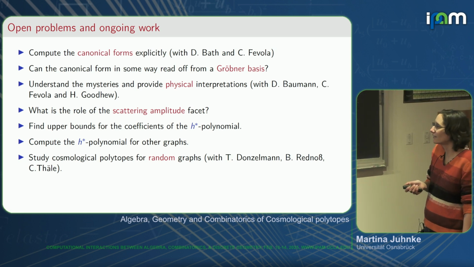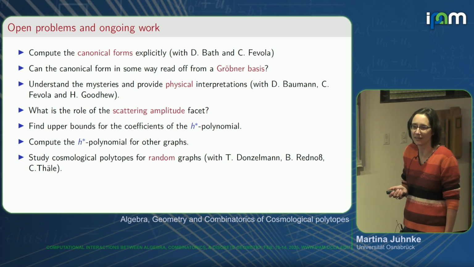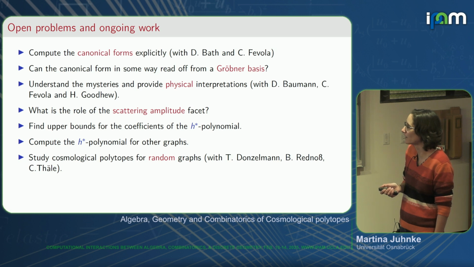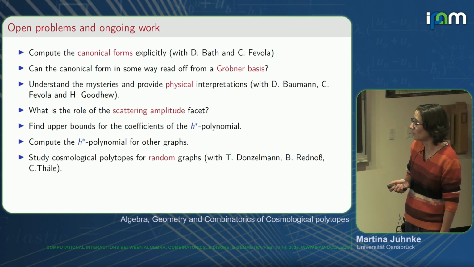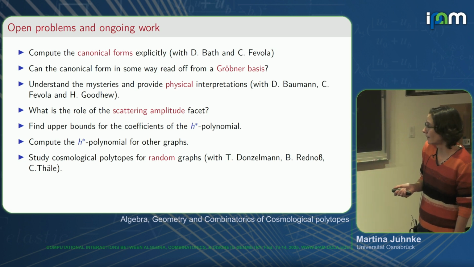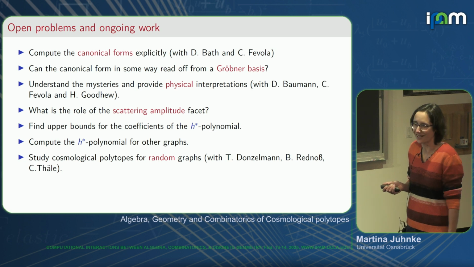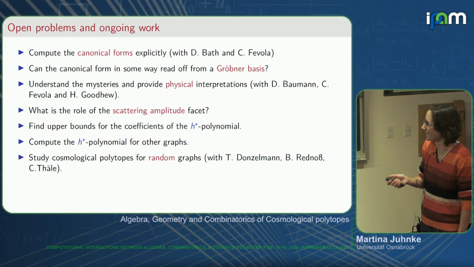And the other thing is, can we somehow understand what's going on there really? We are talking to physicists, Daniel Baumann and Harry Goodhew, they are cosmologists who are based in Taiwan and Amsterdam. But so far it's hard, let's say. It's nice to talk to them, but it also takes a lot of effort.